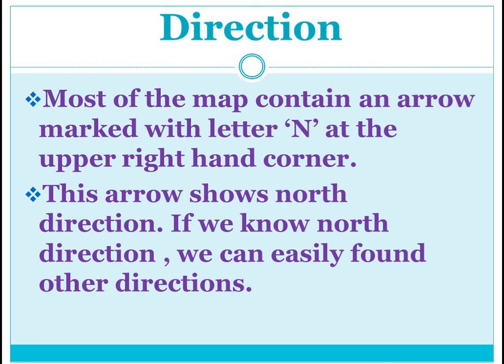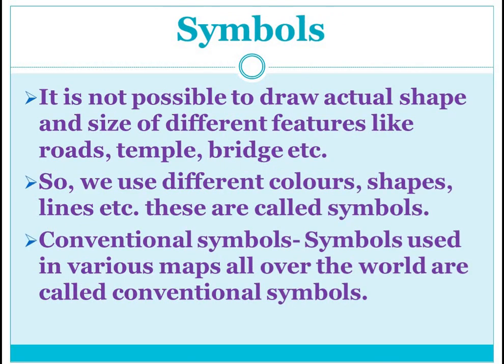In our right hand side there will be east direction and left hand side there will be west direction. So this is all about how it is important and how we come to know the directions on the map. This arrow shows north direction. If we know north direction, we can easily find other directions as well. The next component of map is symbol.